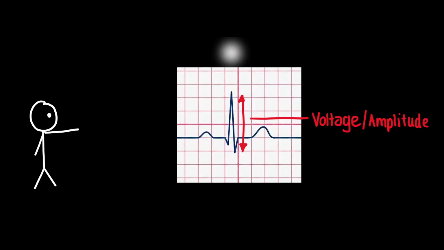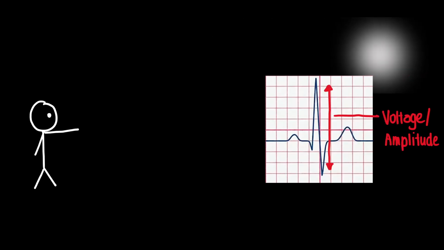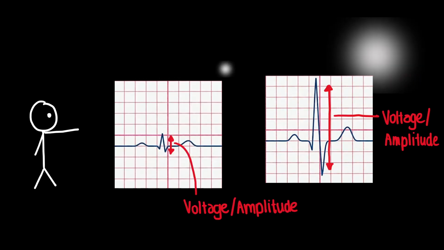So when you look at how tall a wave is, you are measuring voltage. How much electrical force reached that electrode. A tall wave means more voltage reached the electrode. A short wave means less voltage reached the electrode. Simple so far, but there's an important thing to note.